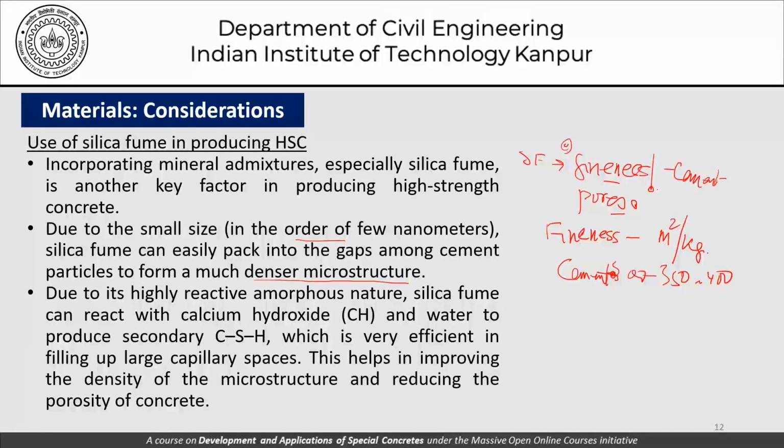My question to you is, what is the range of this unit in terms of square meters per kg if we are using condensed silica fume? Try to find this out from literature and you'll be better educated to understand the argument that silica fume particles could physically sit in the pore spaces of cement paste, making it denser.